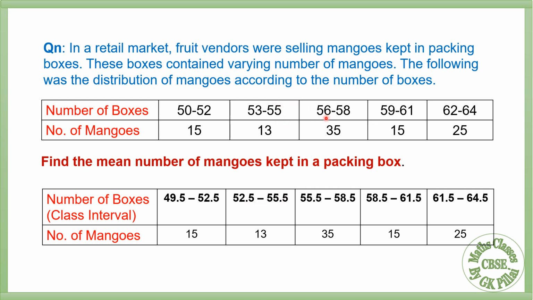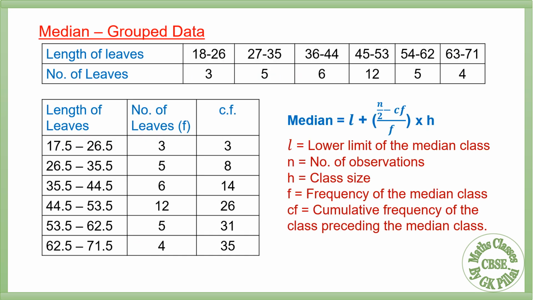Next 55.5 to 58.5, 58.5 to 61.5, and the next one 61.5 to 64.5. This is the way you have to change this class interval into a continuous class interval. After writing this way, in the normal way, you can find mean, median, or mode, whatever is asked.